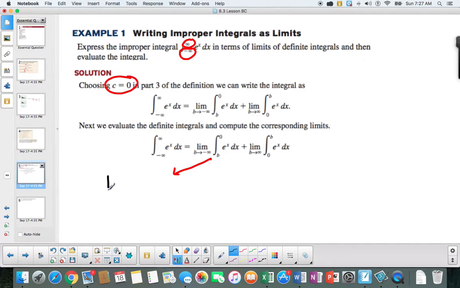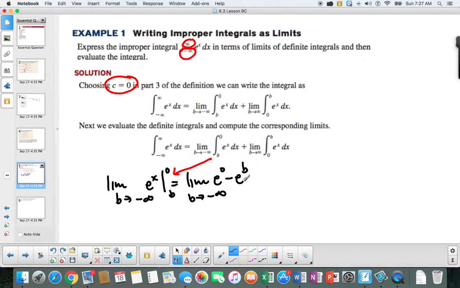So we're going to take the limit as b approaches negative infinity, and the antiderivative is e to the x, and we're going to evaluate that from b to 0. So this is going to be the limit as b approaches negative infinity of e to the 0 minus e to the b.